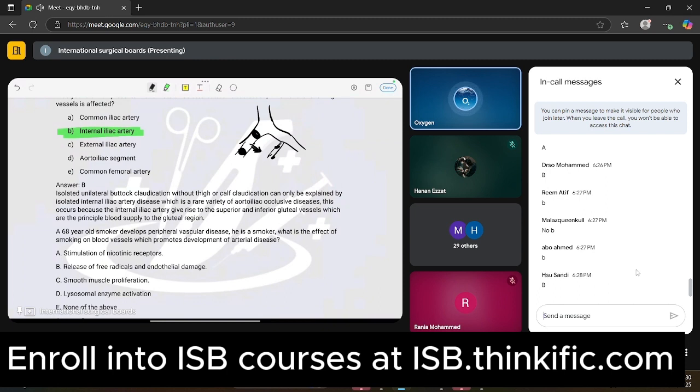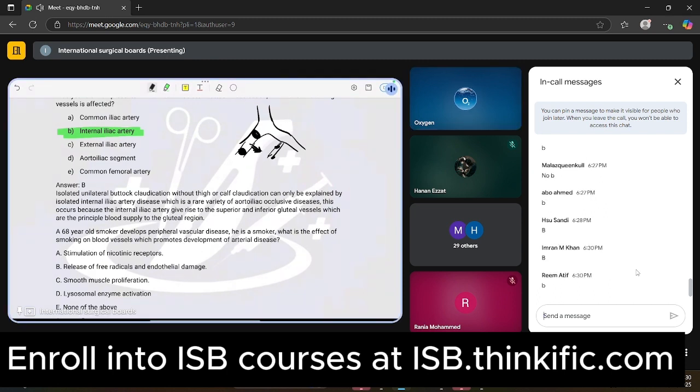I can't read E, but I think the answer is B anyway. So it is B, free radical. Actually, we know smoking causes vascular disease, but the exact mechanism is debated a lot. But this is the most accepted thing, that it does damage the endothelium.